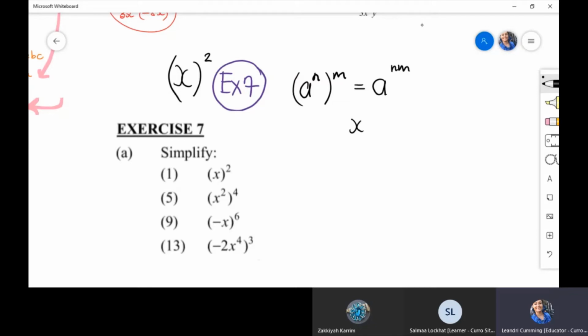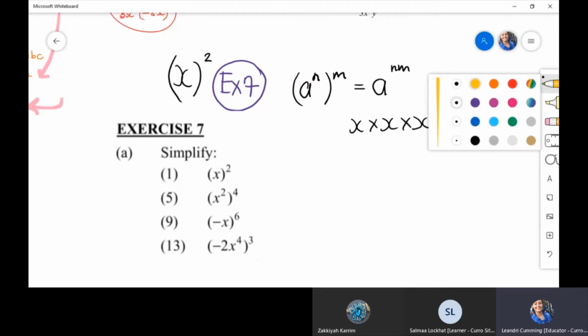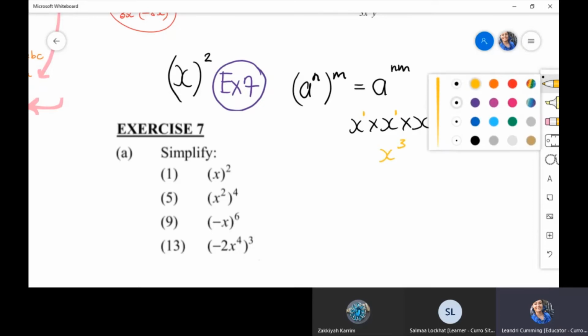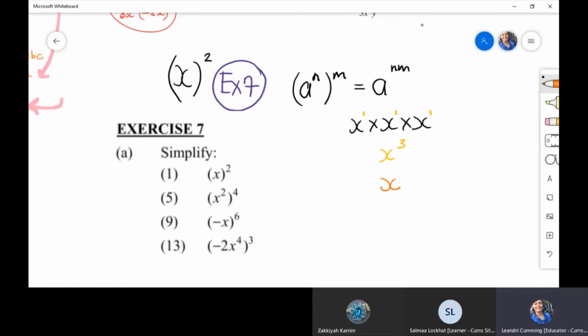as x times x times x, which now means x to the power of 1 times x to the power of 1 times x to the power of 1 becomes x to the power of 3. How did that happen? It's the same as saying x to the power of 3.